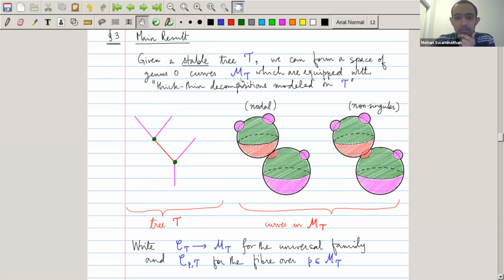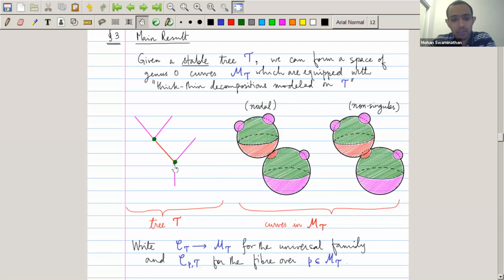This space will be called M_T, and these are all equipped with what I will call a thick-thin decomposition modeled on T. To define this completely precisely, I can write down this family explicitly in coordinates as a subset of projective space cross affine space, but I would prefer to just explain this suggestively using the picture I have here.